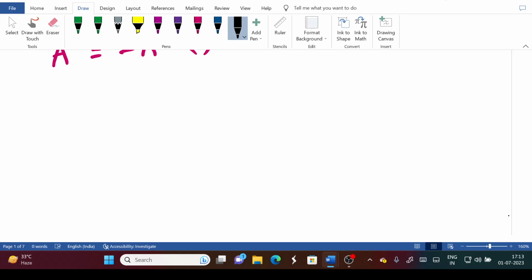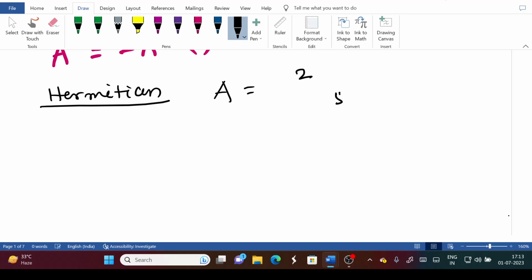So here, the matrix is for the Hermitian case. Here for the Hermitian case, the matrix A will have all the diagonal elements purely real. And the transpose positions will be conjugates of each other.